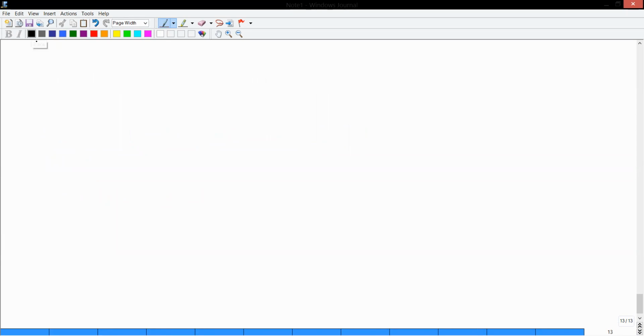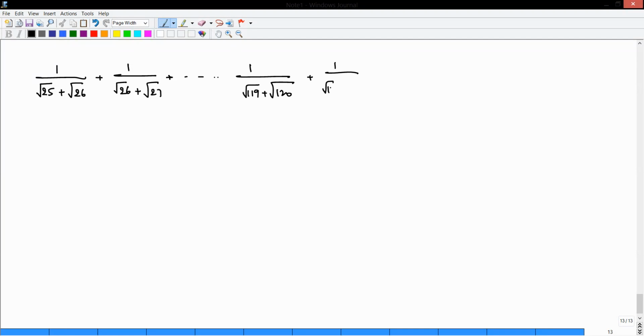Suppose if I start with, and so on. You'll be left with the last, that is 121, and the first in the base, that is root of 25.